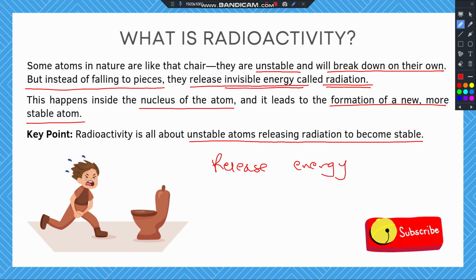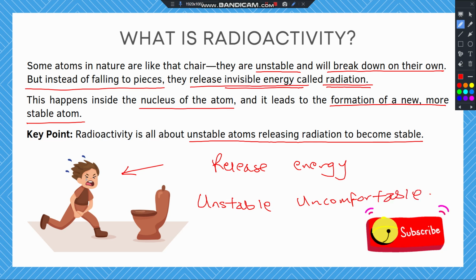Now on the screen right now, I have an example you can also relate to. Here is a boy that is feeling pressed and urgently needs to use the toilet. In that case, he can be said to be unstable or uncomfortable. There is no position you will put him in that he will be comfortable. He won't be able to sit down or lie down comfortably until he uses the bathroom and releases whatever it is that is bothering him.